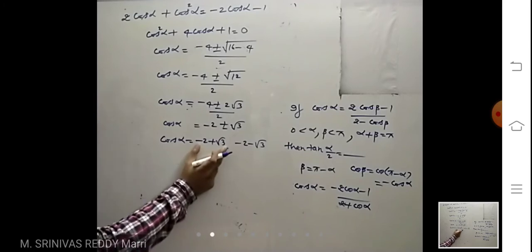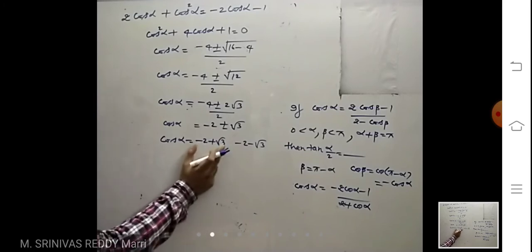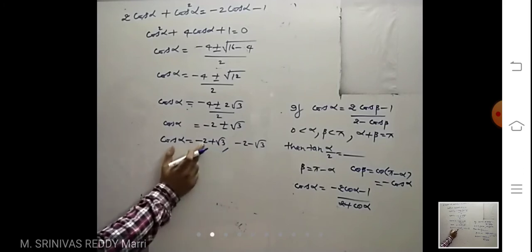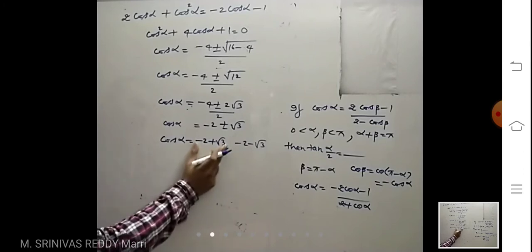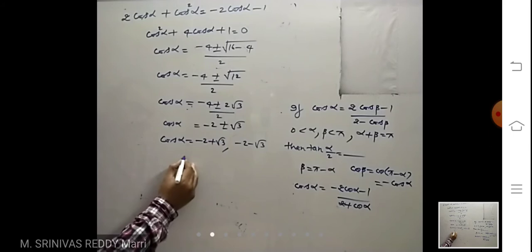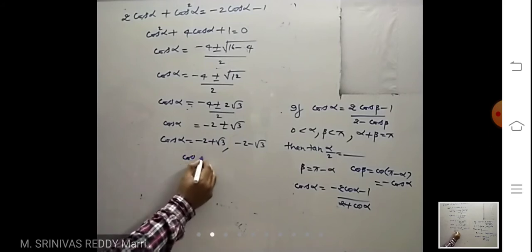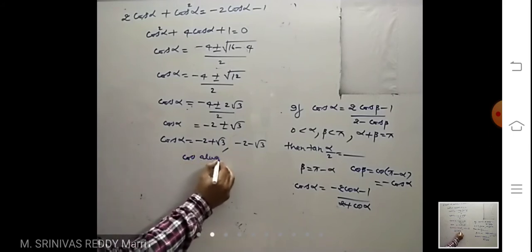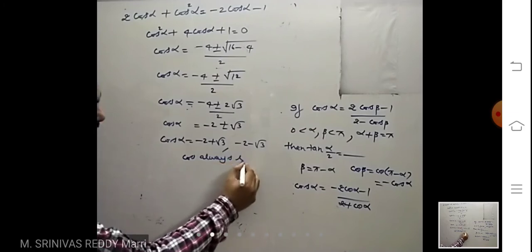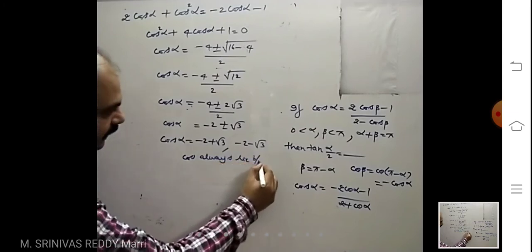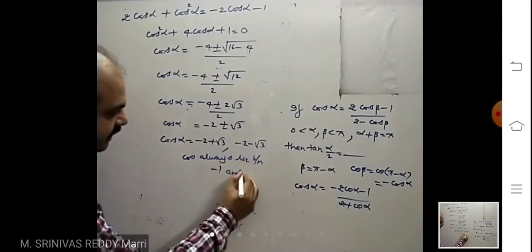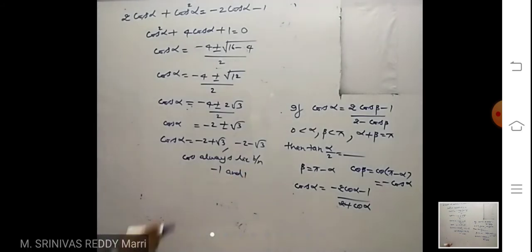If this is 1.732 minus 2, that means this lies between minus 1 and 1. Cos always lies between minus 1 and 1 only. In the coming chapter you will get this.